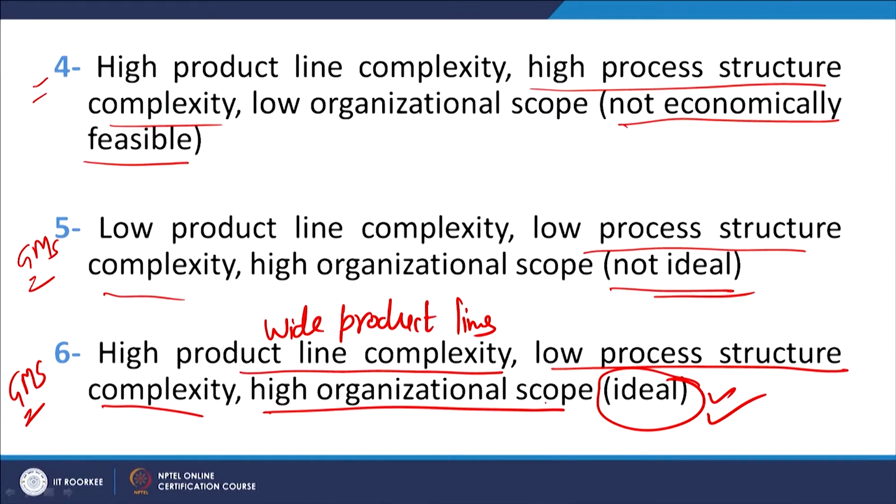Now, when you are producing a large amount of products, a large variety of products, you should have more markets in your domain. Therefore, the purpose of high organizational scope is useful.